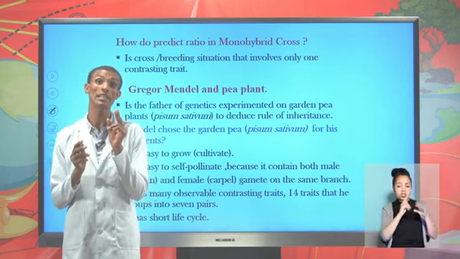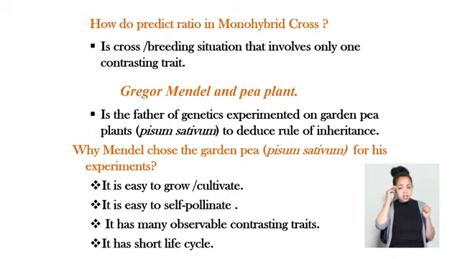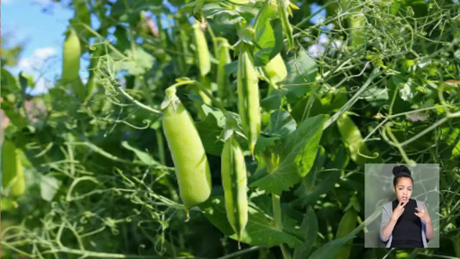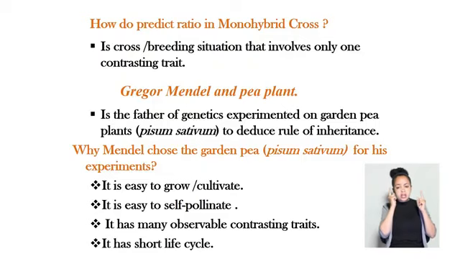Here, Mendel, who is the father of genetics, experimented on the garden pea, scientific name Pisum sativum, to understand the rules of inheritance.